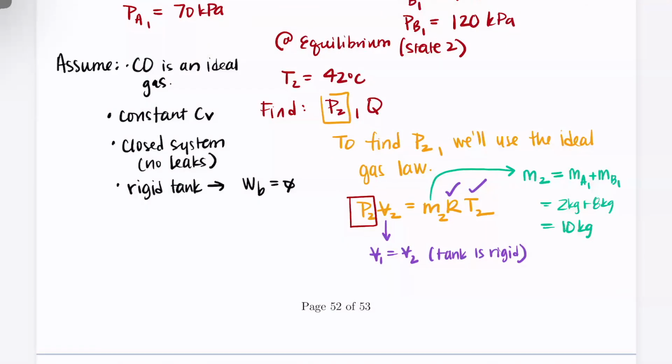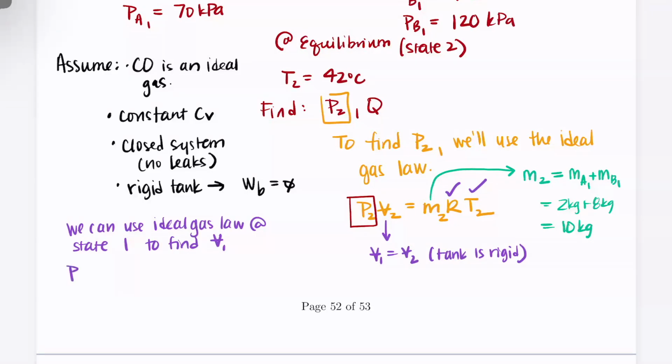So we're going to just apply the ideal gas law again, but for state 1 and solve for V1. So we can use the ideal gas law at state 1 to find V1.